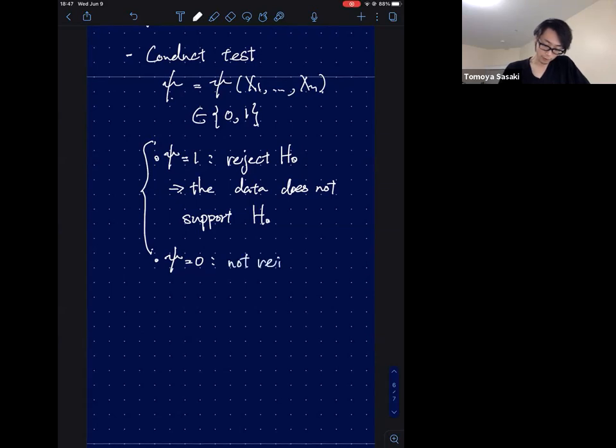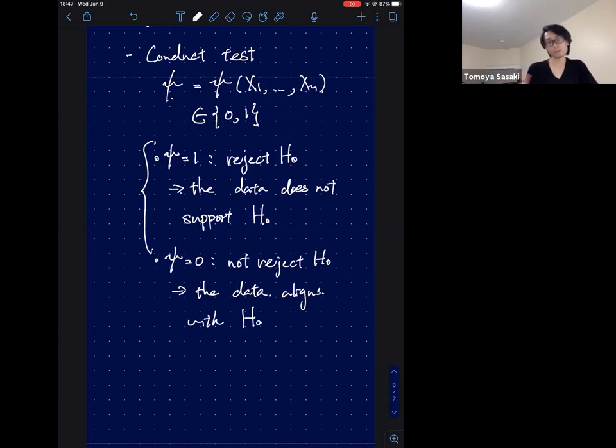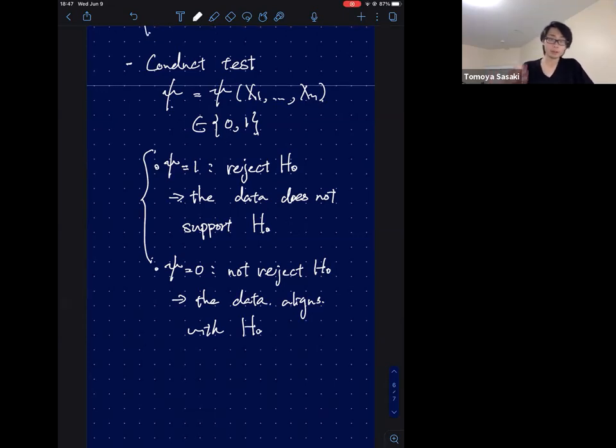It's not going to reject the null hypothesis, which means that the data aligns with H naught. So the data is consistent with H naught, right? So this is conceptually, formally what we're going to do in hypothesis testing.